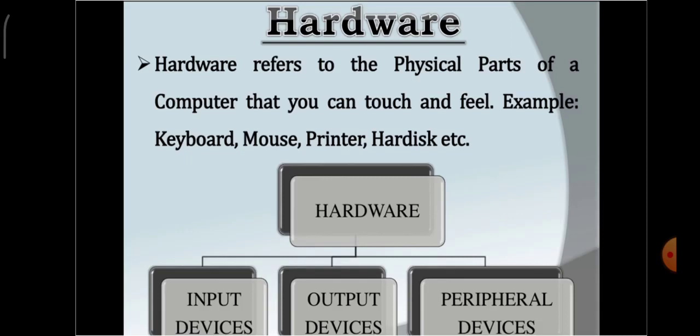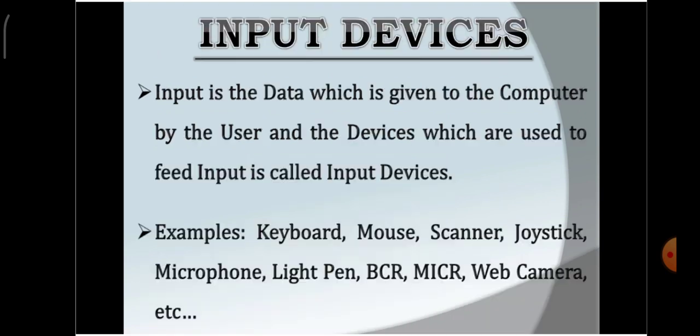Example, keyboard, mouse, printer, hard disk, etc. And it is given very clearly. So hardware is something where you can touch and feel. Examples are given. Kindly take a look at this slide. We'll move on to the next slide now.